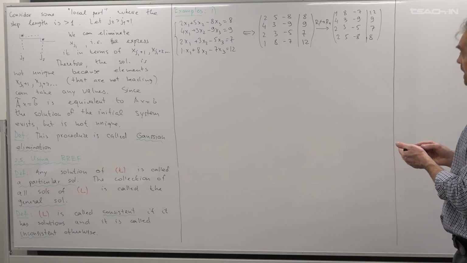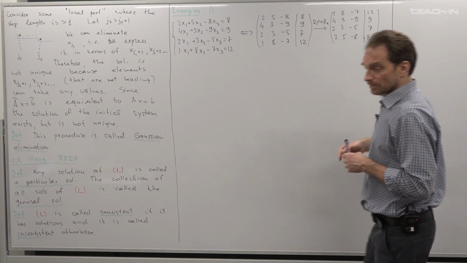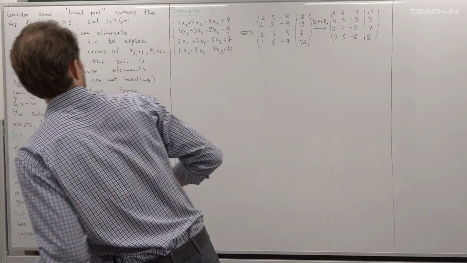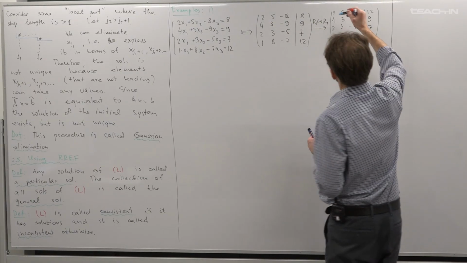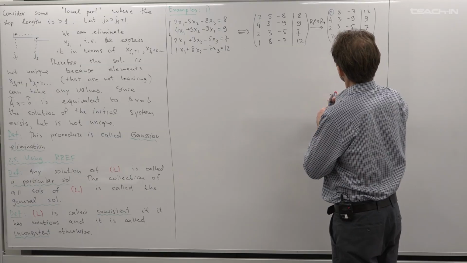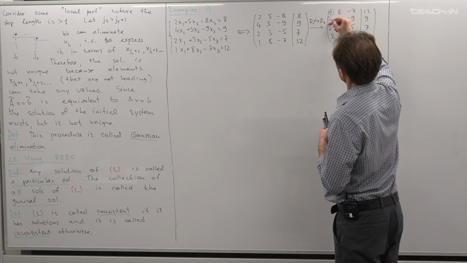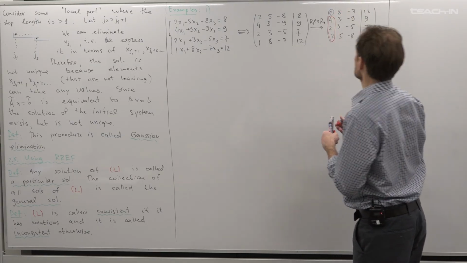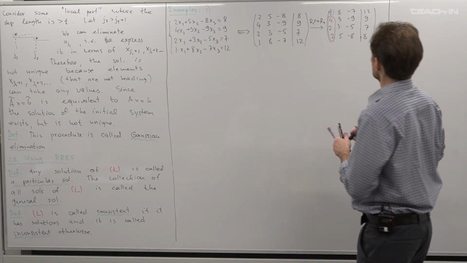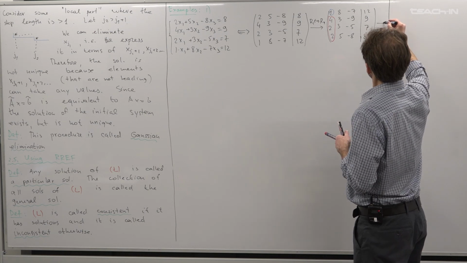Then our strategy is to get rid of all the elements below the leading element here. This is the leading element, and we need to get rid of all these elements here by applying appropriate elementary row operations. So what am I going to do?